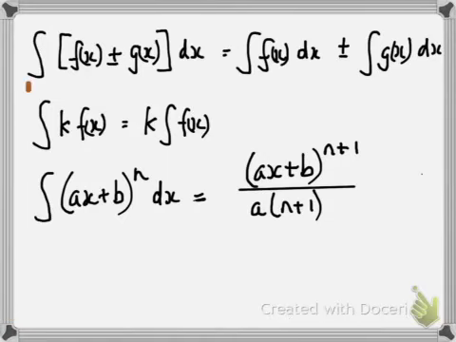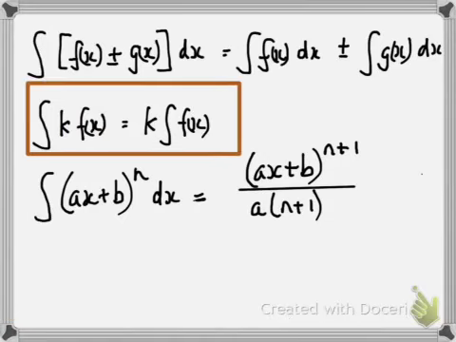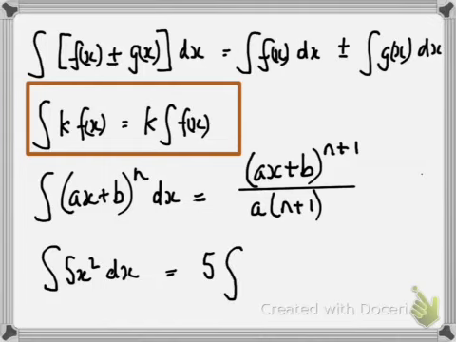Next rule I want to discuss is this little one here. Integral of k, which is a number, constant, times f of x equals k times integral f of x. What does that mean? Well, if we had, say, the integral of 5x squared dx, I can take that 5 out the front and say it's 5 times the integral of x squared dx, which would be 5 times x cubed, raise the power by 1 over the new power.